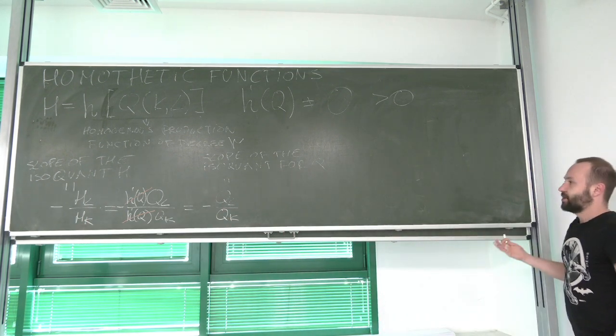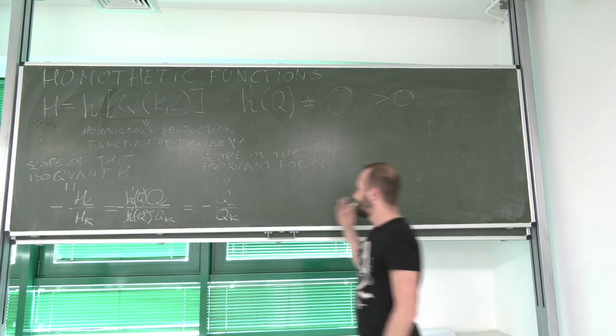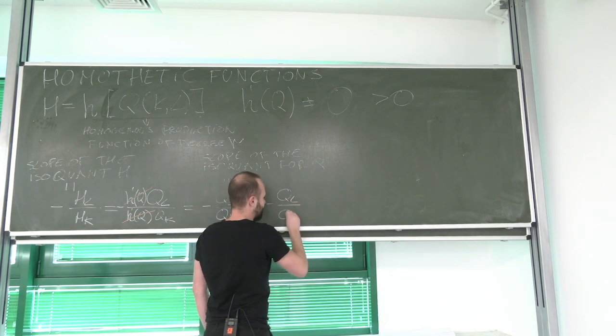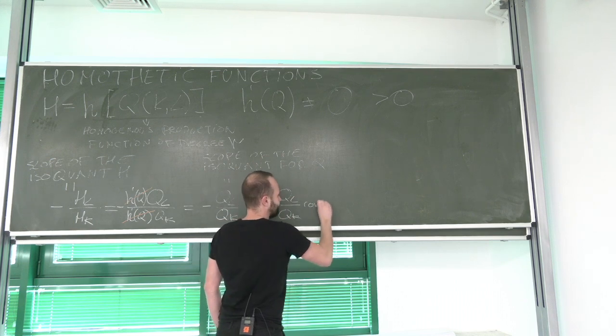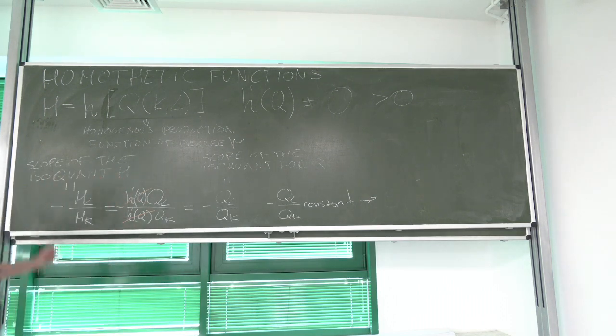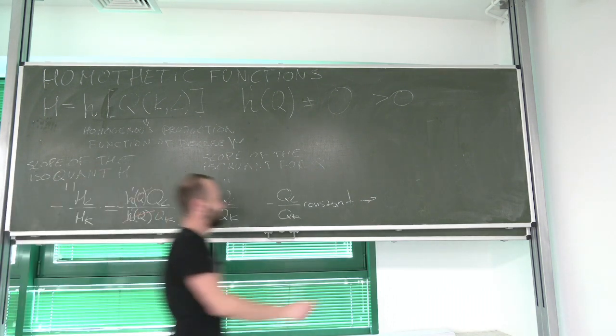And now look, we can conclude that as long as negative Q_L over Q_K is constant, then of course this expression must be constant as well.